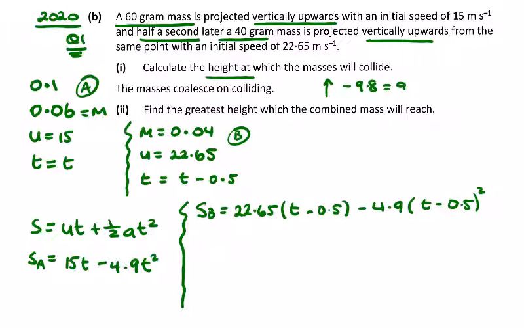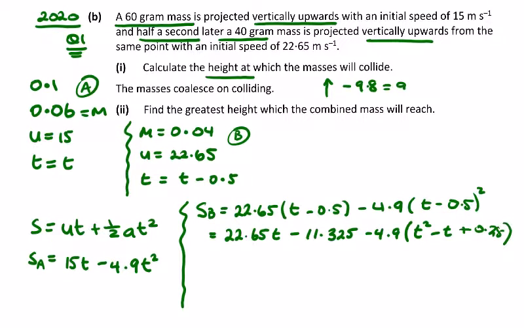So we just have a little bit of work simplifying this. 22.65t minus a half of 22.65, so that's 11.325, minus 4.9 by t squared minus 0.5t twice, which would be minus t, and then minus 0.5 by minus 0.5 is plus 0.25.